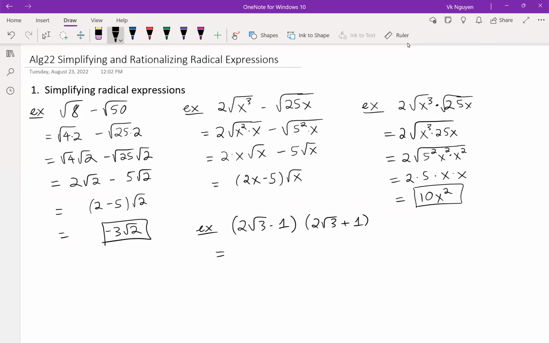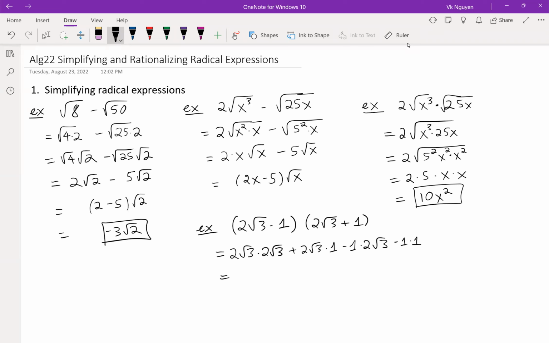Okay, so to do this multiplication, we use FOIL. 2 root 3 times 2 root 3, and then plus 2 root 3 times 1, minus 1 times 2 root 3, minus 1 times 1. 2 times 2 is 4, root 3 times root 3 is 3.